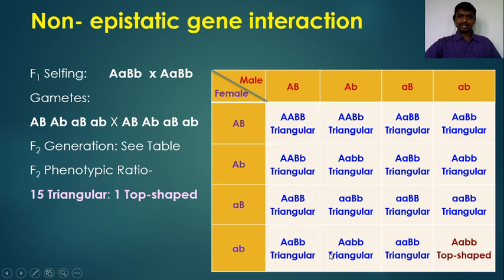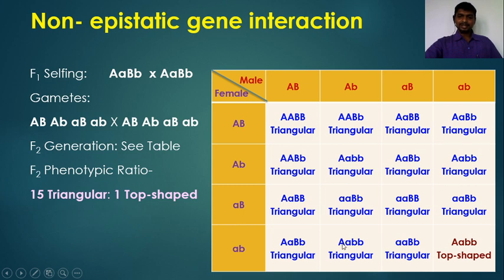In another case, in this genotype we see capital A, small b, small b. Here only one allele of gene A is dominant, so the phenotype is triangular. In a nutshell, we say that if any one dominant allele of either the A or B gene is present, the phenotype is the same.